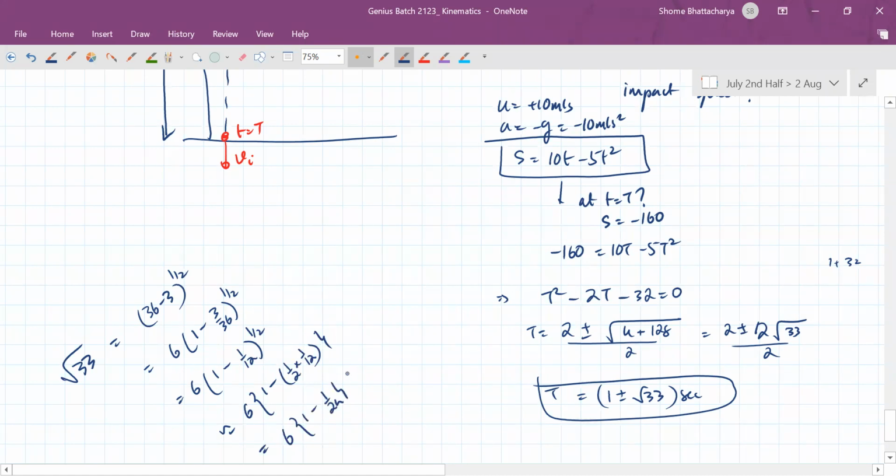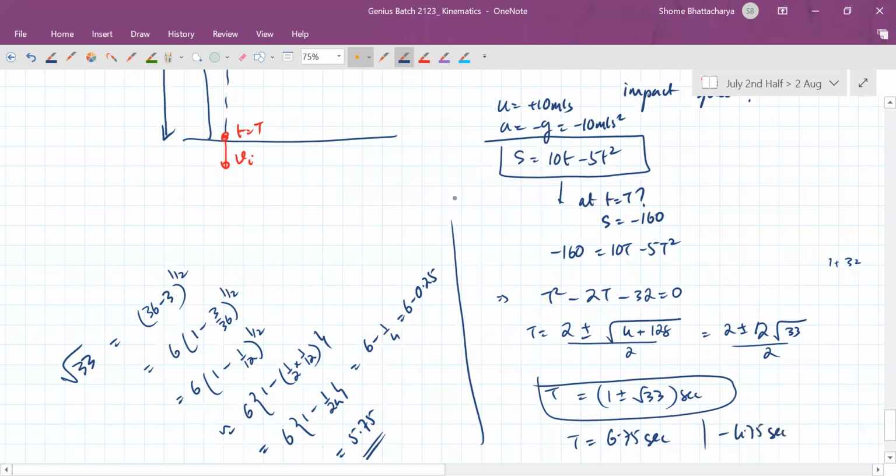Right. So this becomes 6 minus 1 by 4. So you'll see that if I take 5.75 as an approximate value, it will be quite accurate. So time is either 1 plus 5.75, so 6.75 seconds, okay, or it is minus 4.75 seconds. So this will be an unacceptable root because we'll consider time to be only positive.